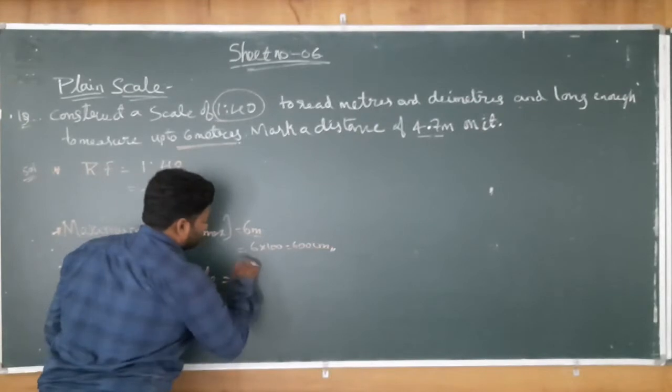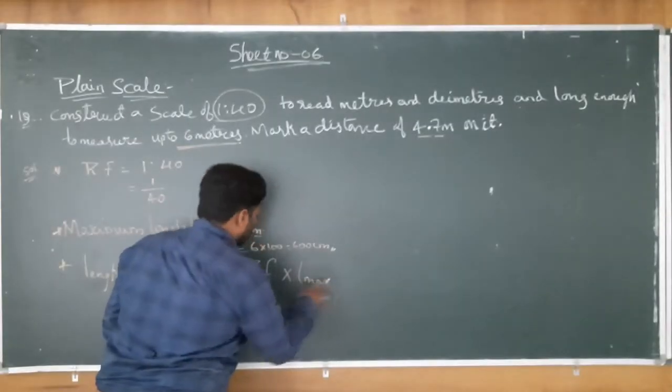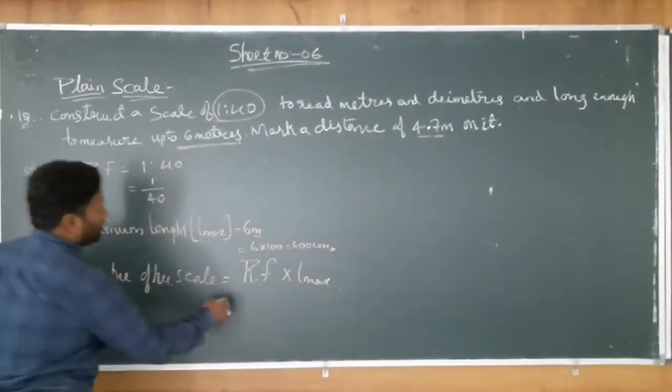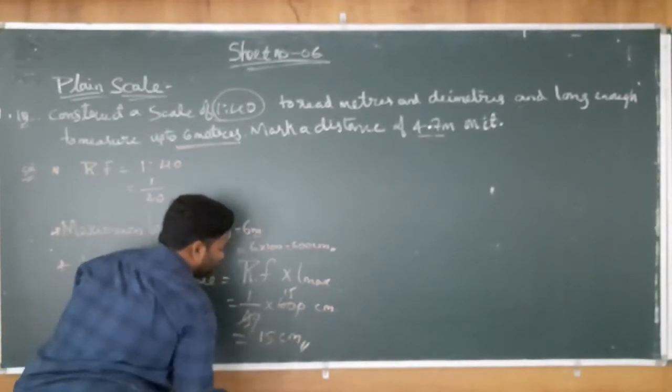RF means representative fraction, L max is nothing but maximum length. So, RF is 1/40 into 600 centimeters. 4 into 15 is 60, so the value we are getting, the length of the scale, is 15 centimeters.